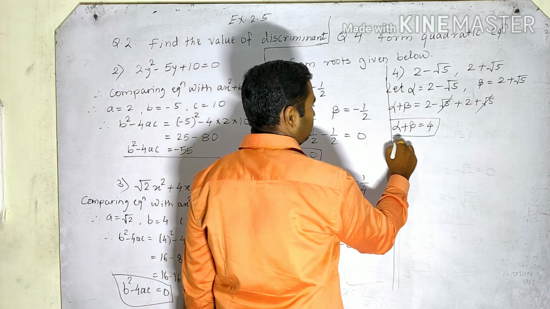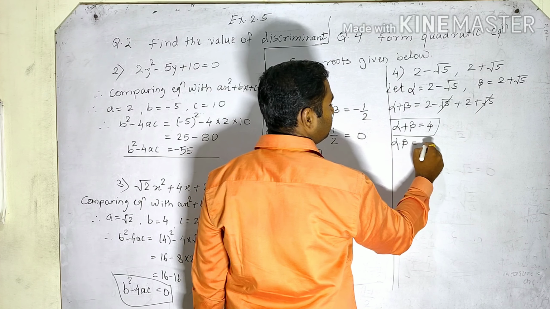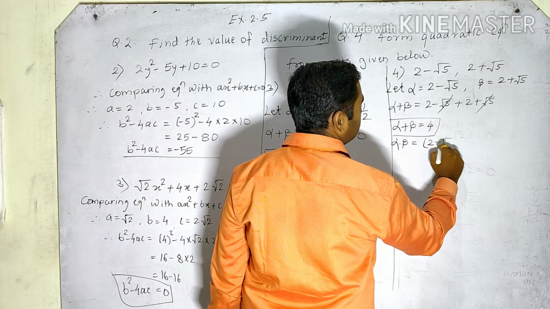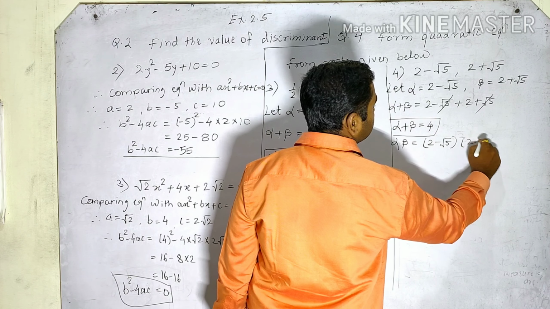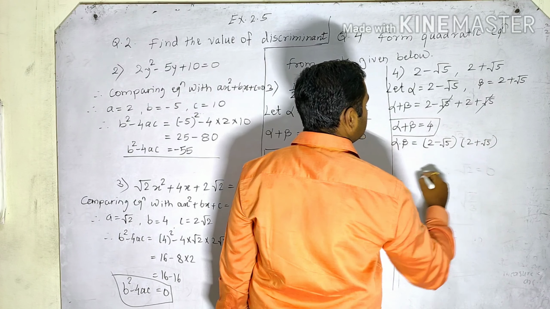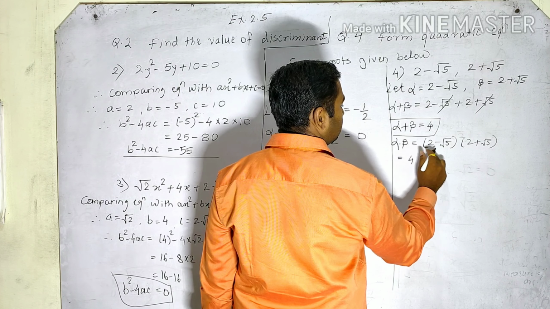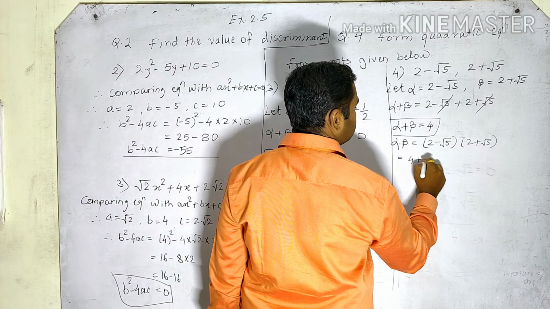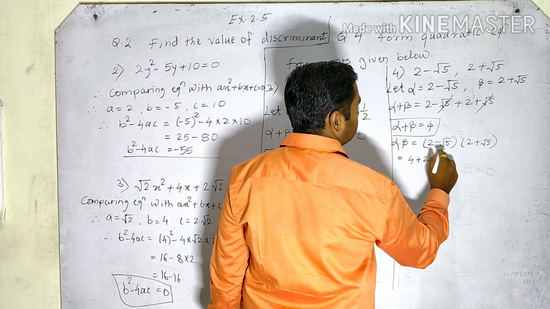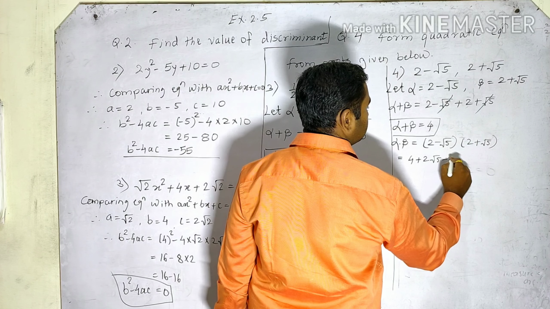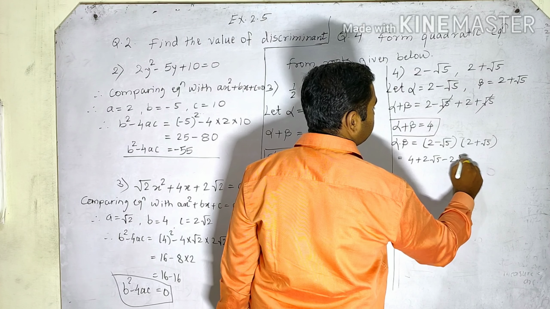Now next we find out the alpha into beta. So we take them in bracket, (2 minus root 5)(2 plus root 5). Then we multiply them. 2 multiply 2, 4. 2 multiply root 5, that is plus 2 root 5. Next root 5 multiply 2, that is minus 2 root 5.